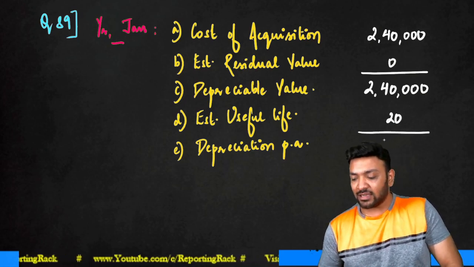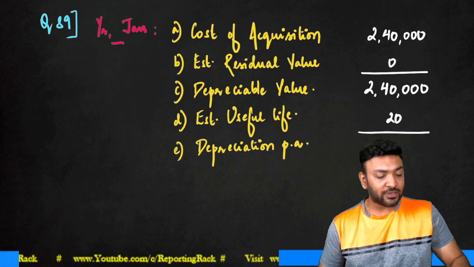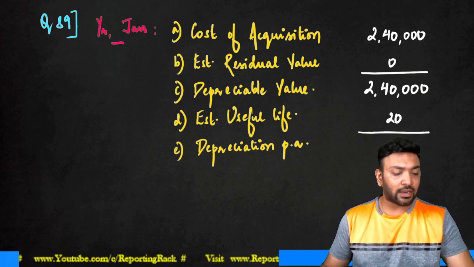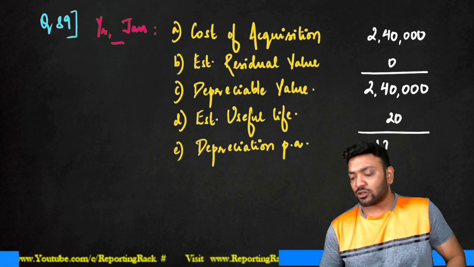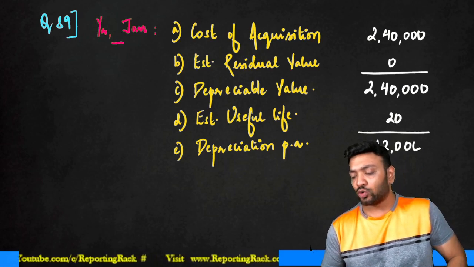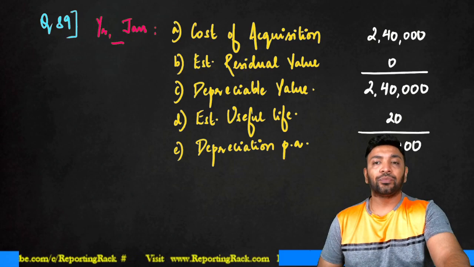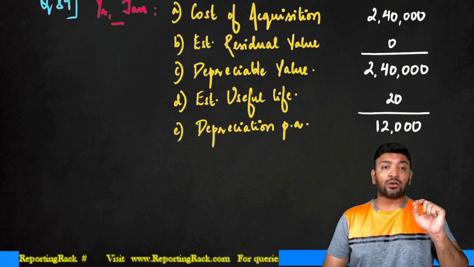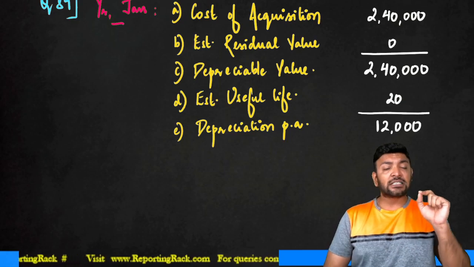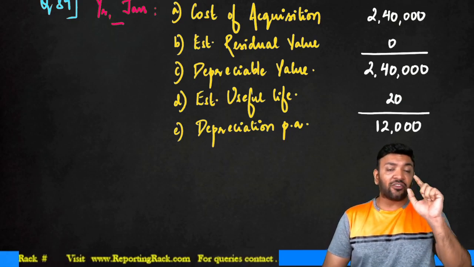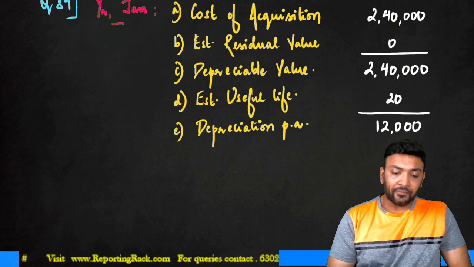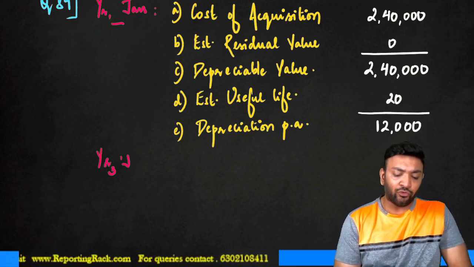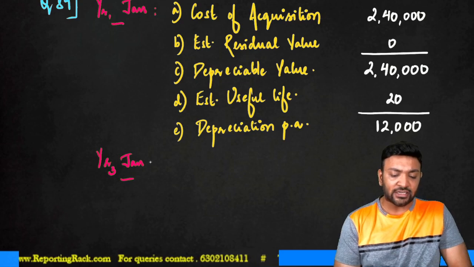No, it is 12,000 rupees of depreciation per annum, not 2,000. Now that you know the asset will be depreciated at 12,000 rupees per annum, the first effect happened at the beginning of year 3 when there was an upward revaluation.